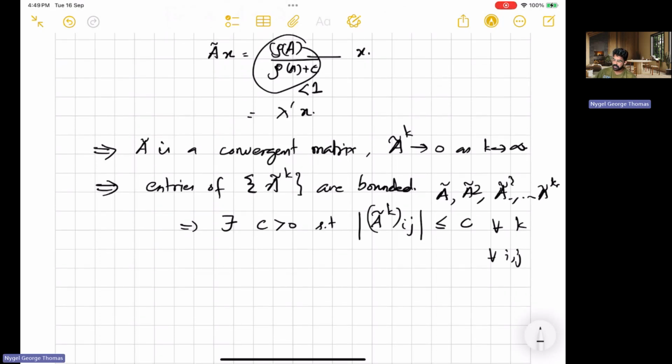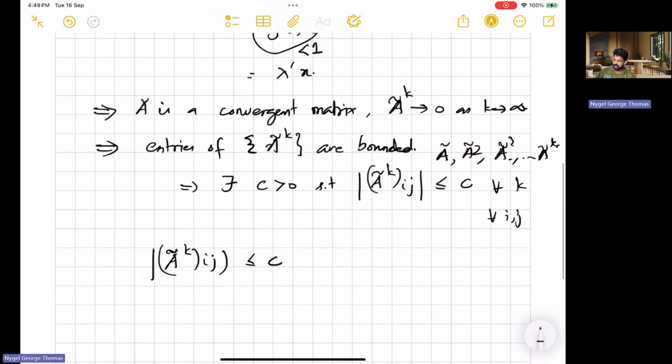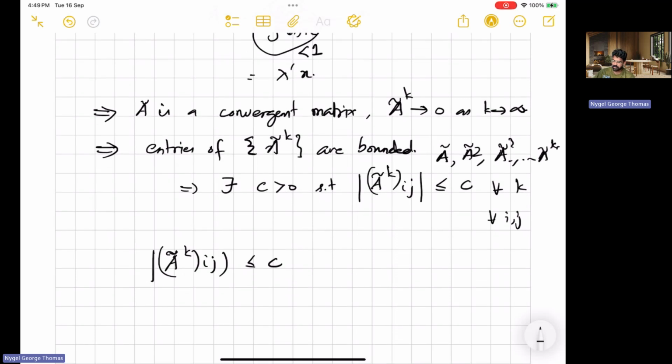What does this mean? The ijth entry of A tilde raised to k is less than or equal to c, but A tilde raised to k is nothing but A raised to k times a constant term, which is (rho of A plus epsilon) whole inverse raised to k.